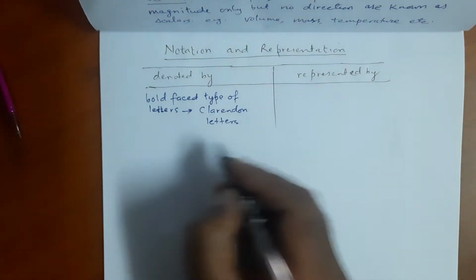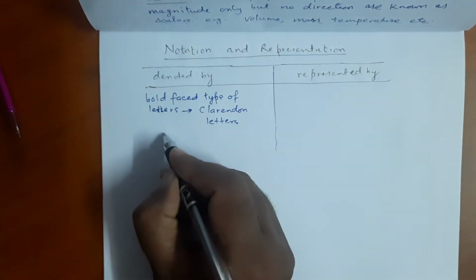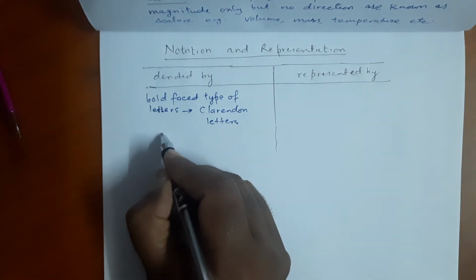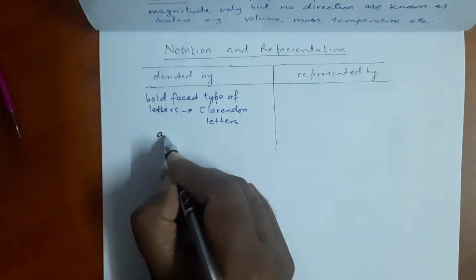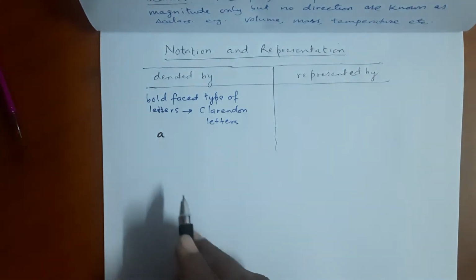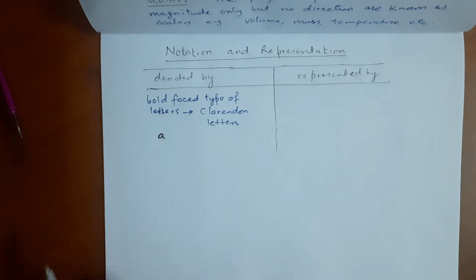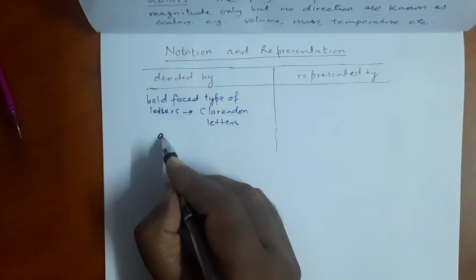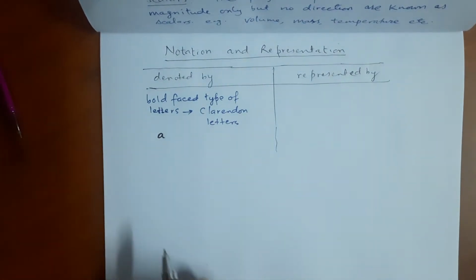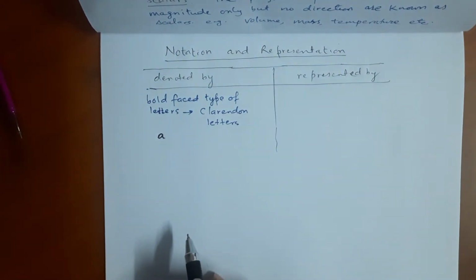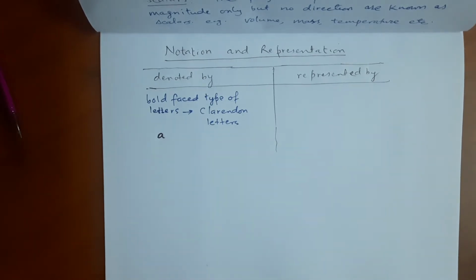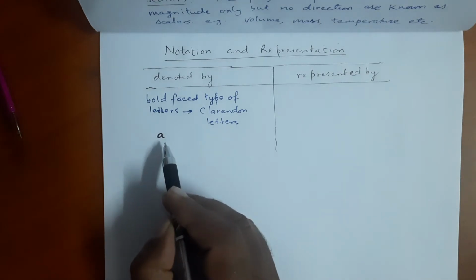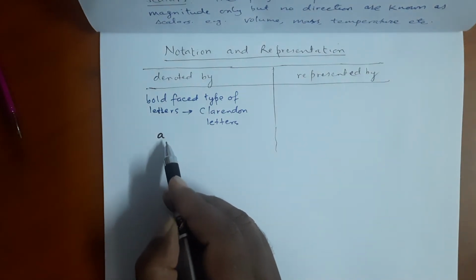To denote a vector by a boldface letter, we have to write several times to make it bold. In printed form we can easily print bold letters, but while writing it is inconvenient.